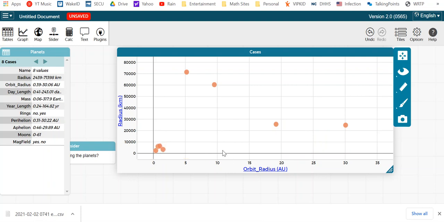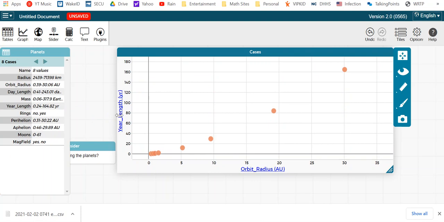So we're going to run into a problem where you've got several planets that are small, and then you've got a couple of huge planets. And it's going to really, you talk about outliers. Let's do orbit radius versus year length. That might be an interesting comparison.